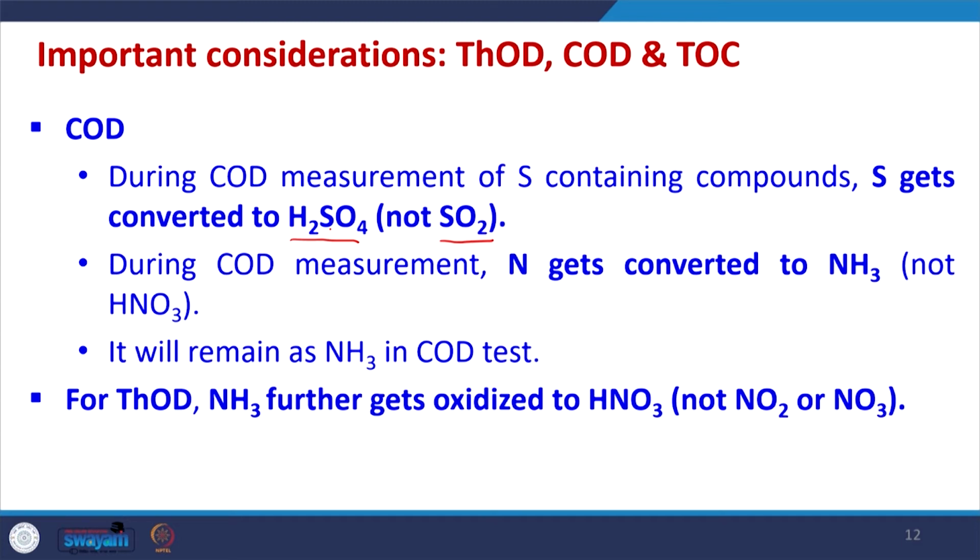During COD measurements, nitrogenous compounds get converted into ammonia, not HNO3, but in THOD we convert them into HNO3, not ammonia. So, in THOD nitrogen gets converted into HNO3, whereas in COD the nitrogen gets converted into ammonia. This caution has to be taken.